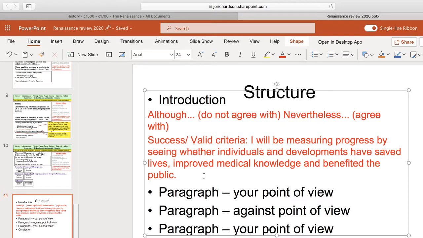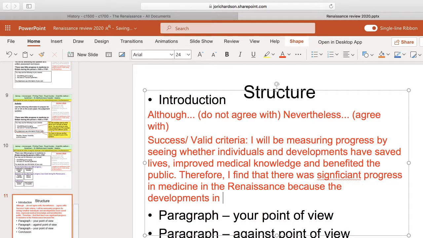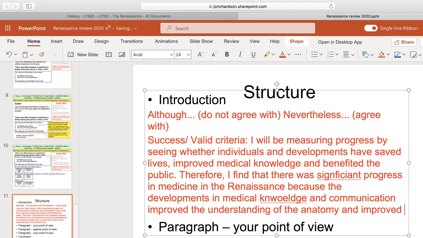And then you might reinstate your judgment. So you might say, therefore, I find that there was significant progress in medicine in the Renaissance because the developments in medical knowledge, and I know there's a few typos in there, and communication improved the understanding of the anatomy and improved treatments.